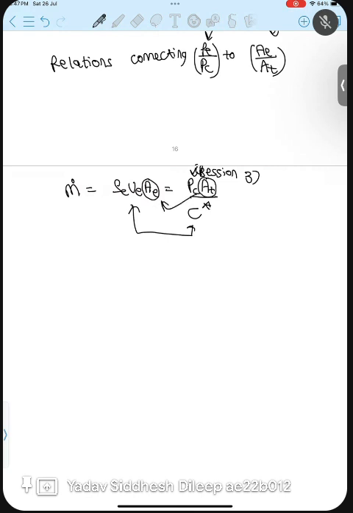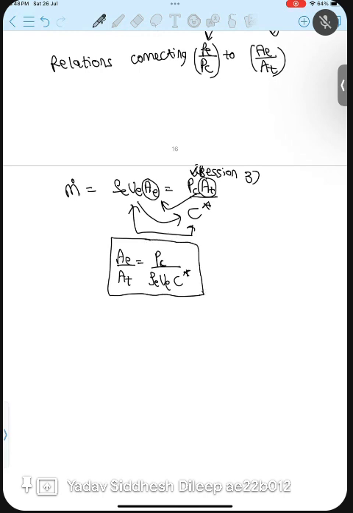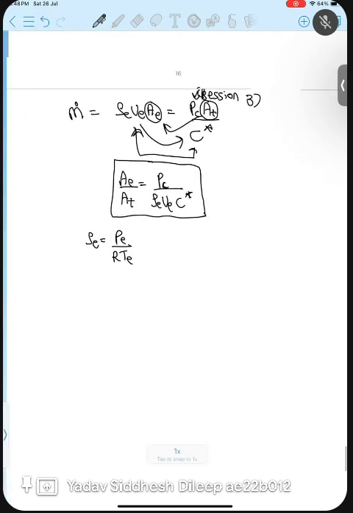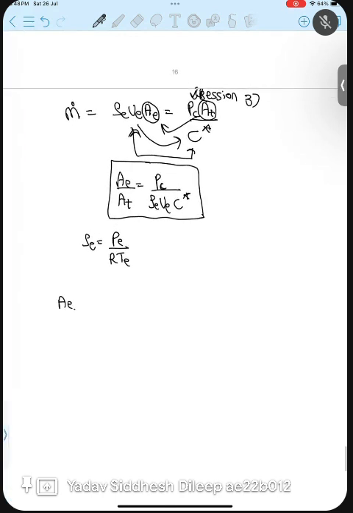Bring this term here and all these terms here. You will get AE by AT equals PC by rho exit, U exit, C star. And then rho exit equals P exit by R T exit. You can replace this.